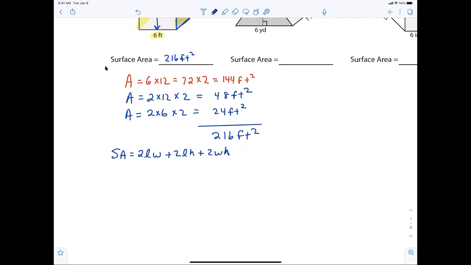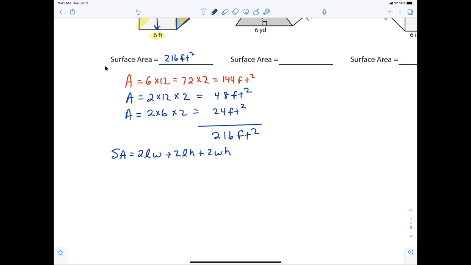The order of the variables doesn't really matter either. That would be the formula for surface area of a rectangular prism. Can you see that all right now? SA equals 2LW plus 2LH plus 2WH. You with me on that?